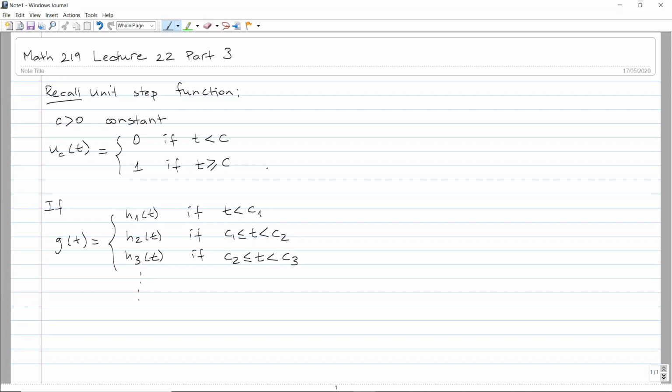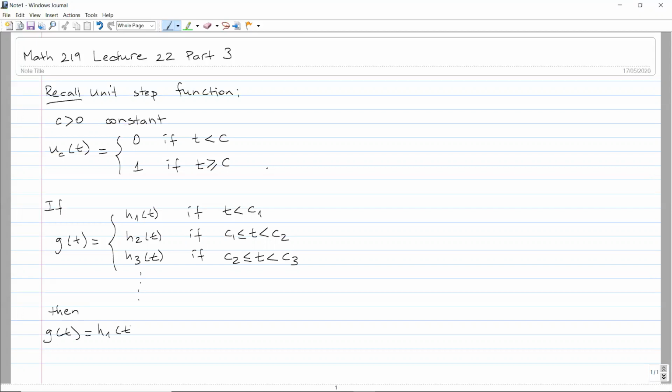Remember, piecewise continuous functions on infinite intervals, as long as on any finite interval we have only finitely many of those points ci, it is possible to continue up to infinity. In this case, we can write the function g using the unit step functions.